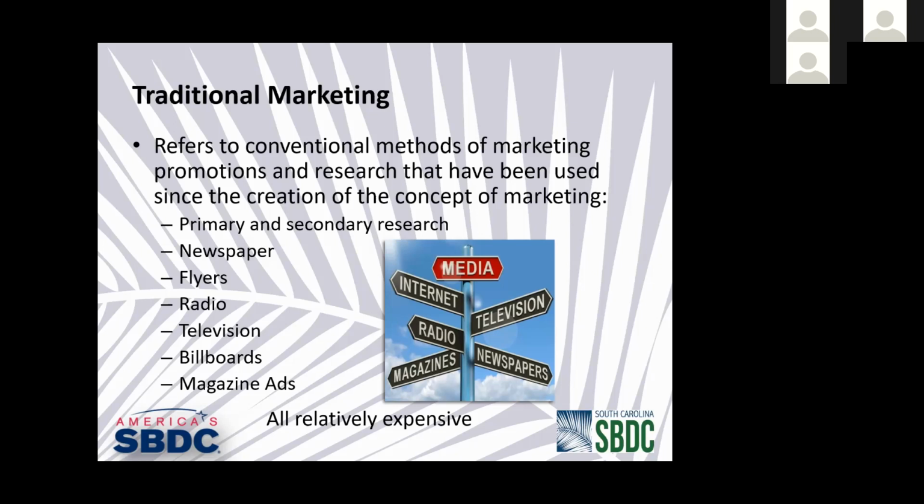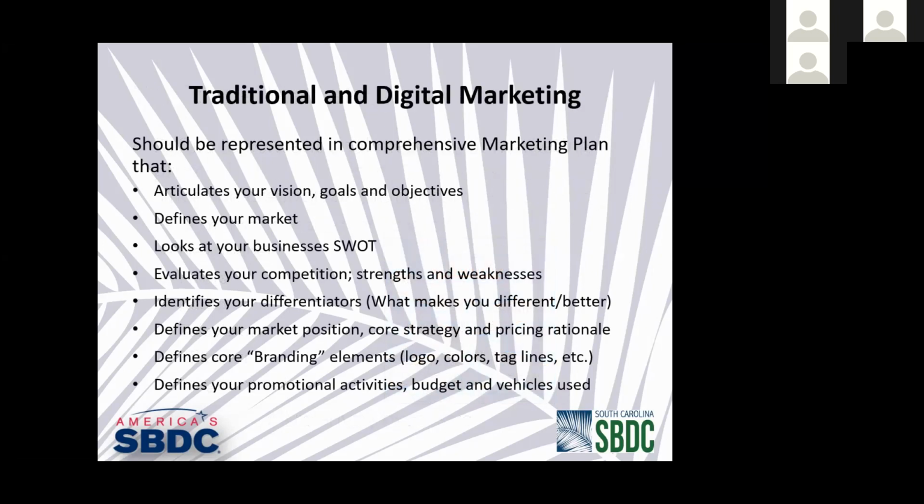But also, traditional marketing used to delve into print ads and newspapers, flyers, billboards, magazine ads, and so on and so forth, or radio and television. That's the way traditional marketing used to be executed. All those things, by today's standards, are relatively expensive versus what we'll get into in the digital marketing area.